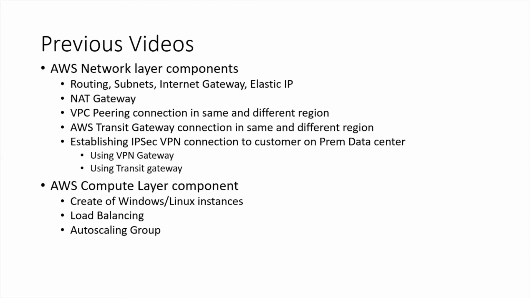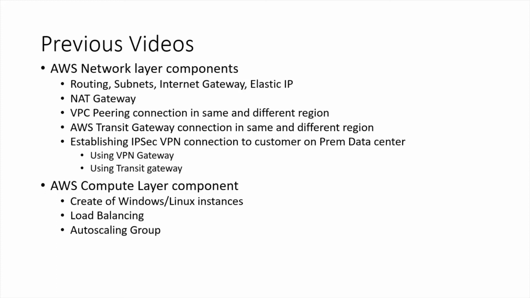So in my previous videos, I have created several videos for different domains. In the network layer components, I have shown how to create a virtual data center on AWS Cloud, or VPC, and create network components like routing, subnets, internet gateway, elastic IP, NAT gateways, and establish communication between different VPCs over the cloud using VPC peering connection and AWS Transit Gateway.